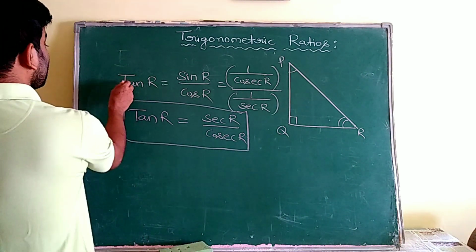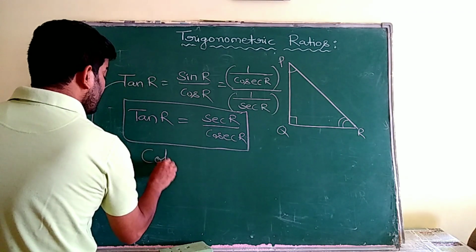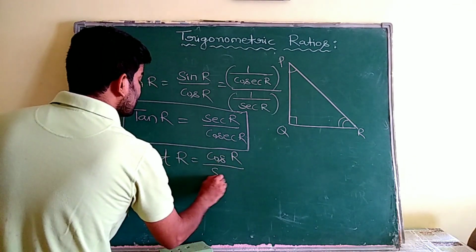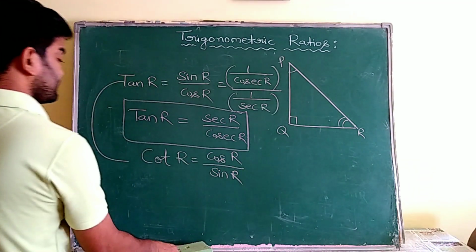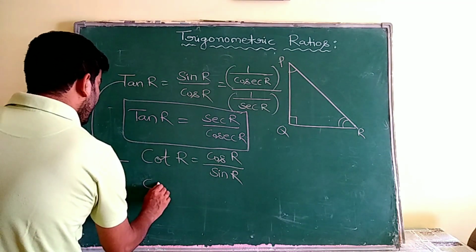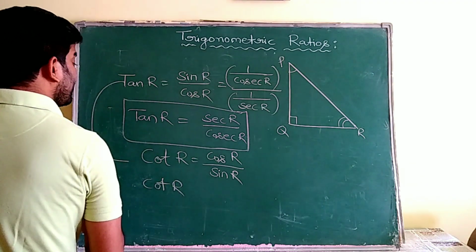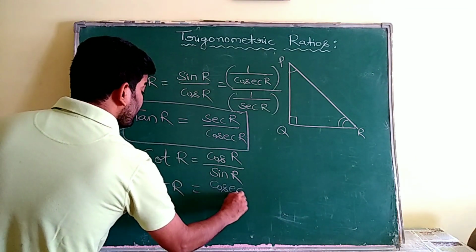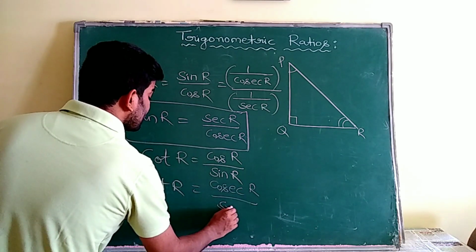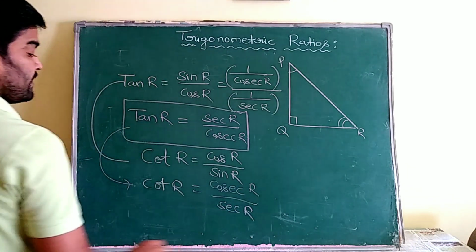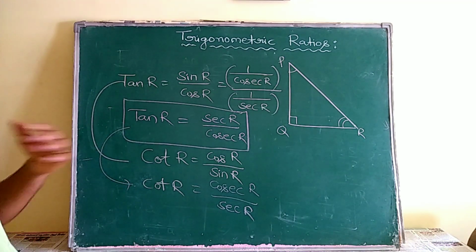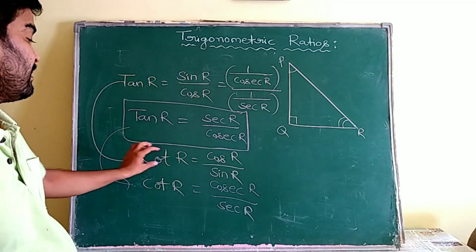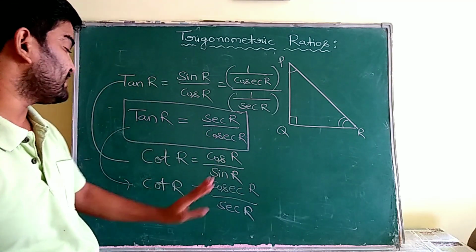Similarly, we know that the reciprocal value of tan R is cot R. So cot R is equal to cos R by sin R. Similarly, cot R is expressed as cosecant R by secant R. So these are the main observations and the relations between tan, sin, cos, and cot, cosecant, secant.